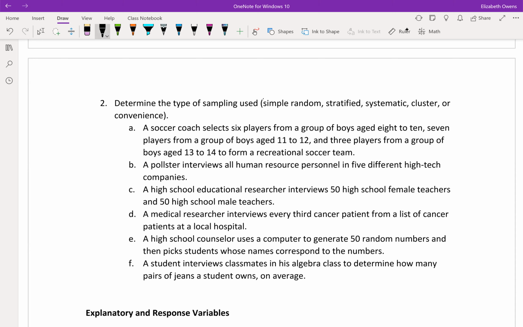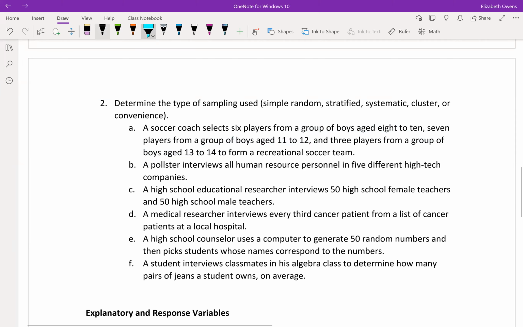That would be like a simple random sample or systematic would be from the overall population. But he's not taking this sample from the overall population. He's made groups, is what I was getting at there. So he's got a group of boys aged 8 to 10, another group 11 to 12, and then another group 13 to 14.